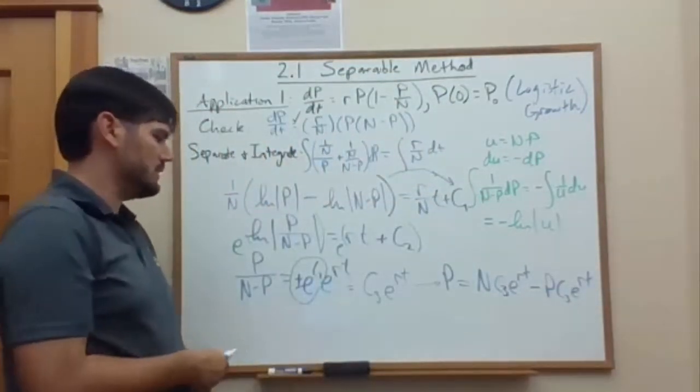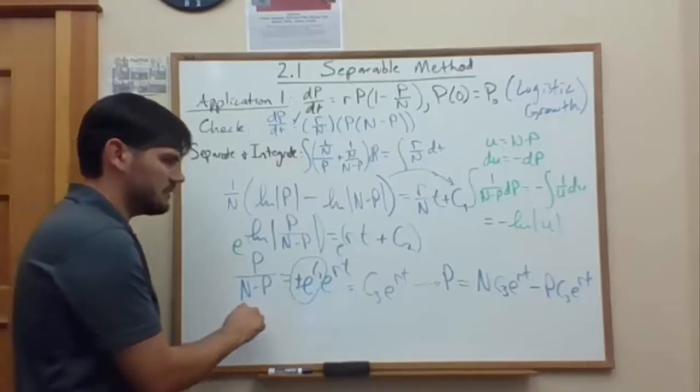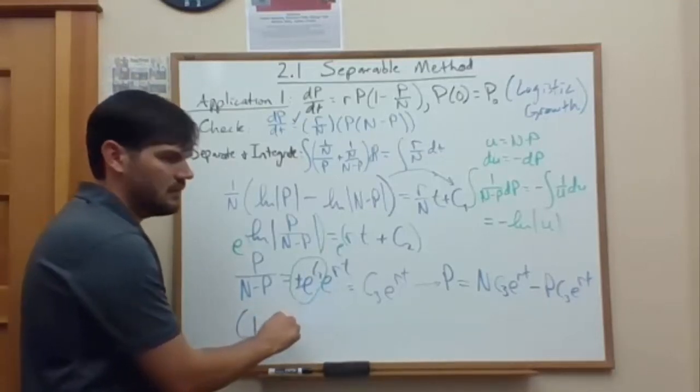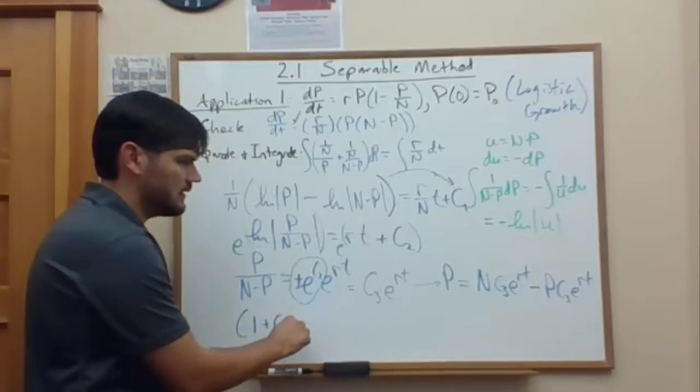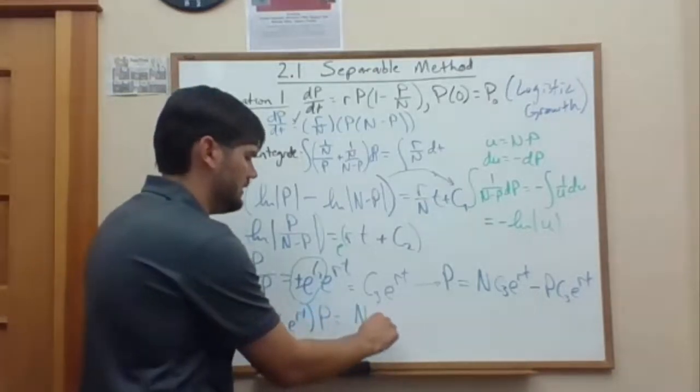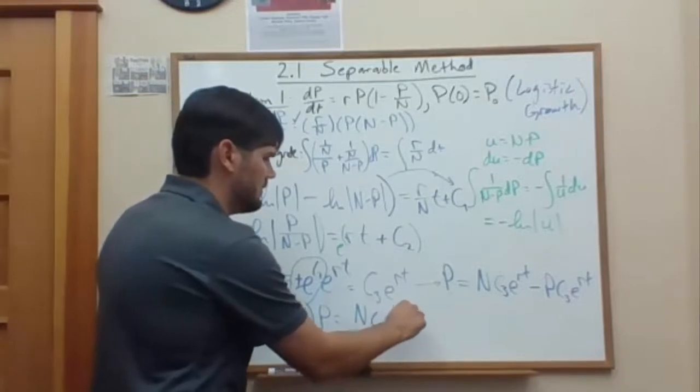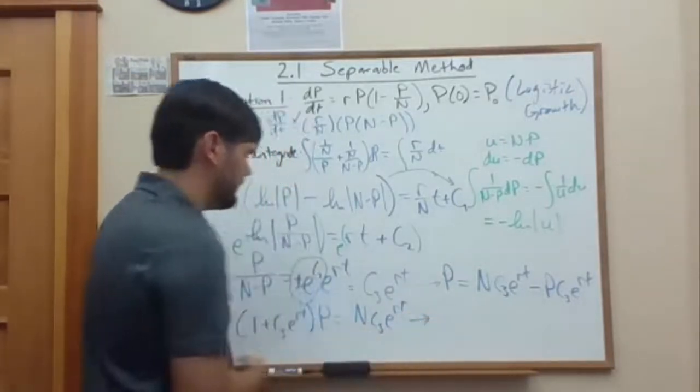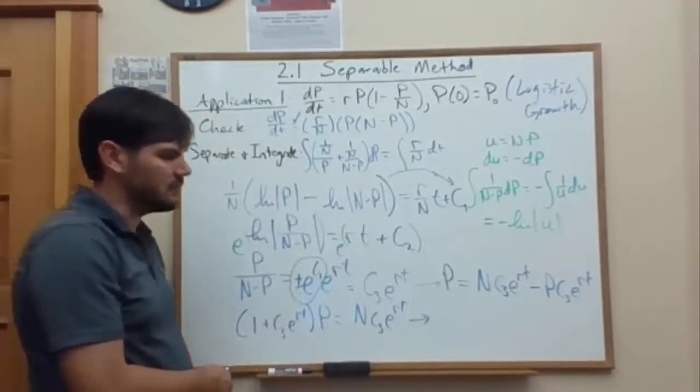Then I bring the two P terms together. That gives me a 1 plus c3 e to the rt, all times P, equaling N. And finally, dividing by that, I can solve for P.